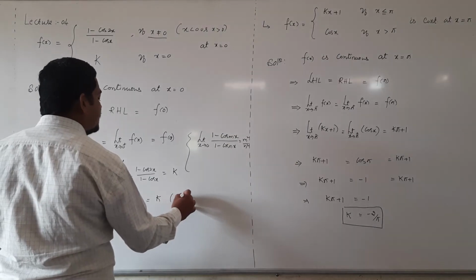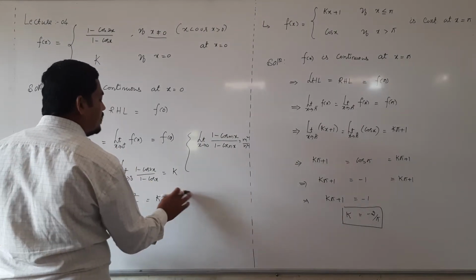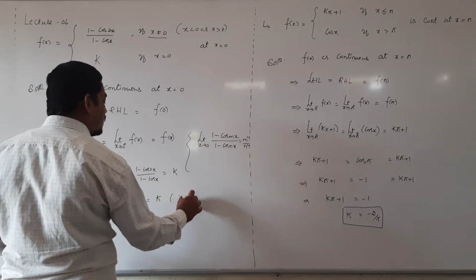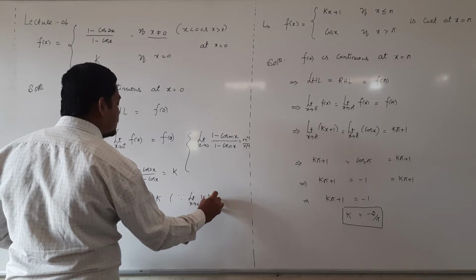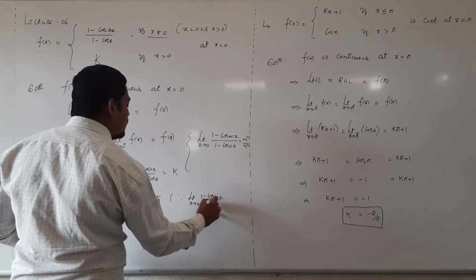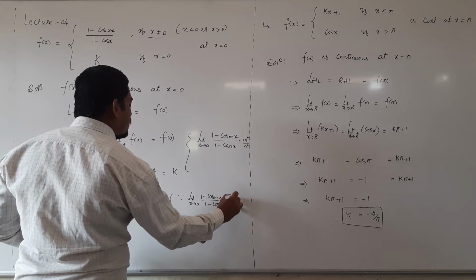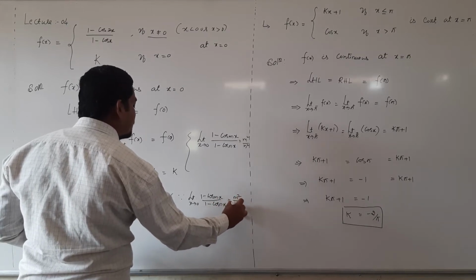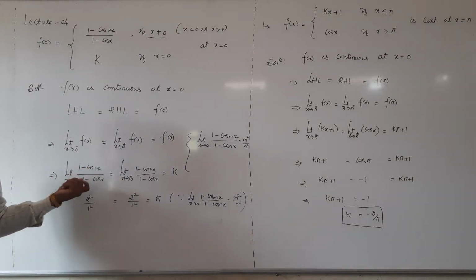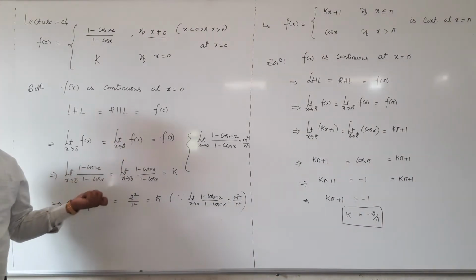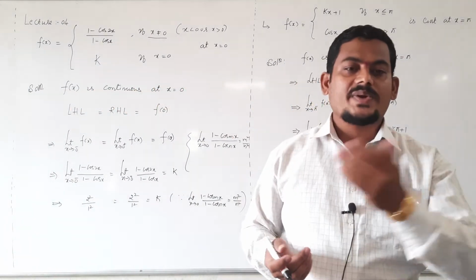And write this reason because of this limit. In brackets you should write this formula: limit extending to 0 of 1 minus cos mx divided by 1 minus cos nx is equal to m square by n square. Otherwise, apply the 1 minus cos 2x formula and the 1 minus cos x formula, then you get the sin theta divided by theta formula. Then also you get the same answer only.